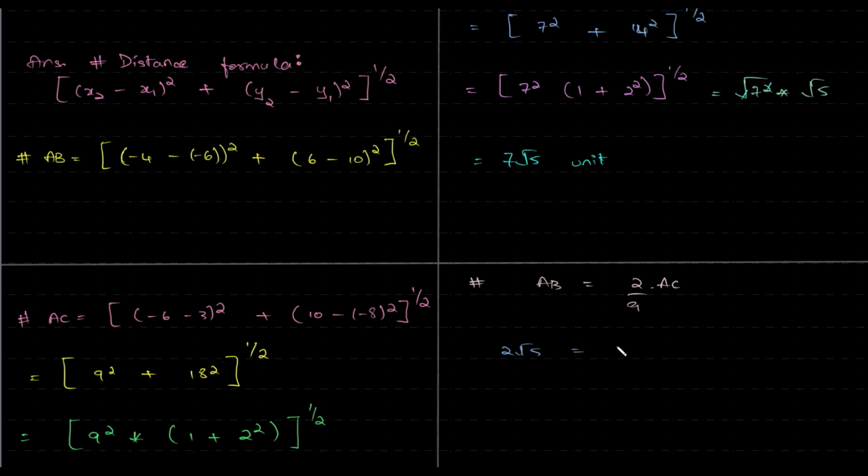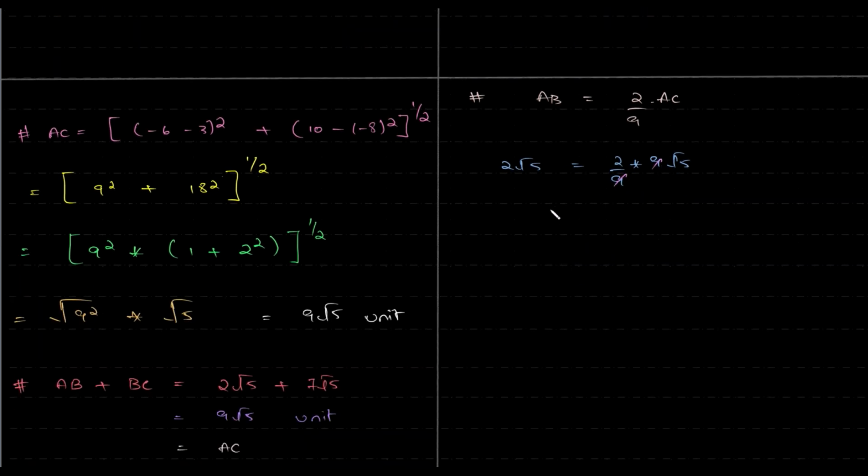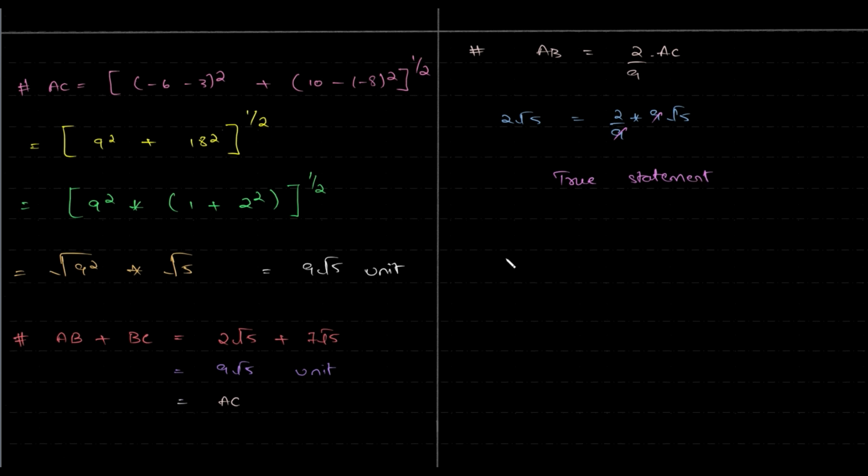AC is 9 root of 5. Not 2, 9. And so we have 9 and 9 getting cancelled. So clearly LHS is equal to RHS. It's a true statement. So since we have the true statement, means what? The given expression is true.